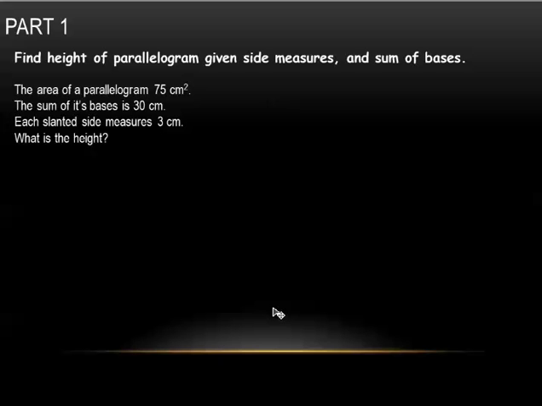Okay, there we go. The area of a parallelogram is 75 meters squared. The sum of its bases is 30 centimeters. Each slanted side measures 3 centimeters, so what is the height? Well, when I'm given a problem like this, I always draw the figure. I'm talking always.